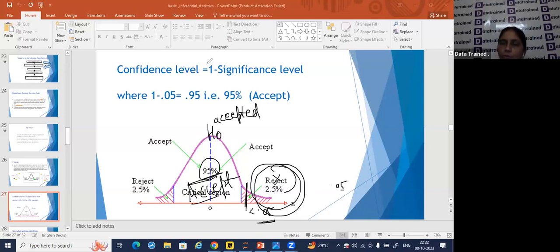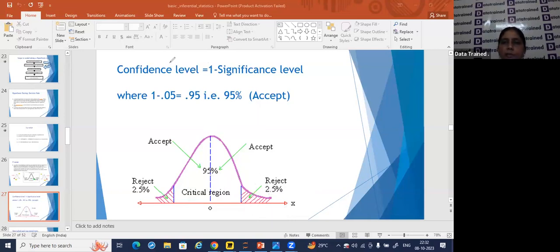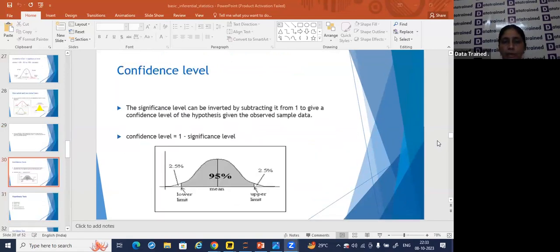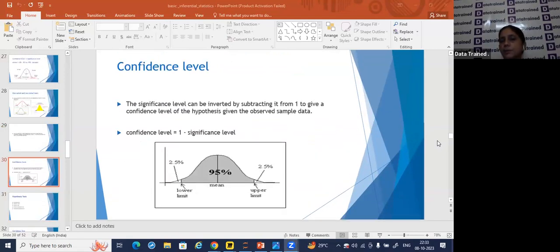Just to prove the null hypothesis, the p-value should be greater than 0.05. That one we call the confidence level. 95% is the confidence level, just to prove our null hypothesis.